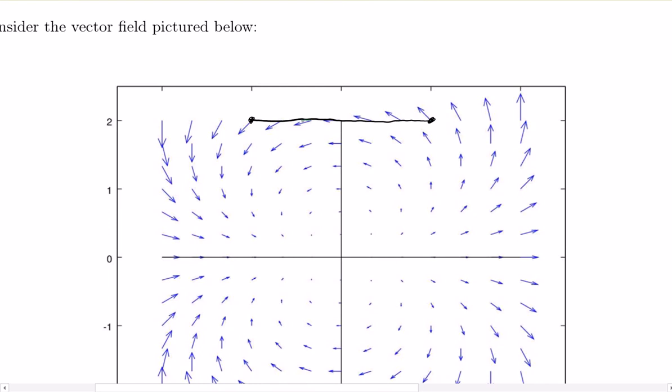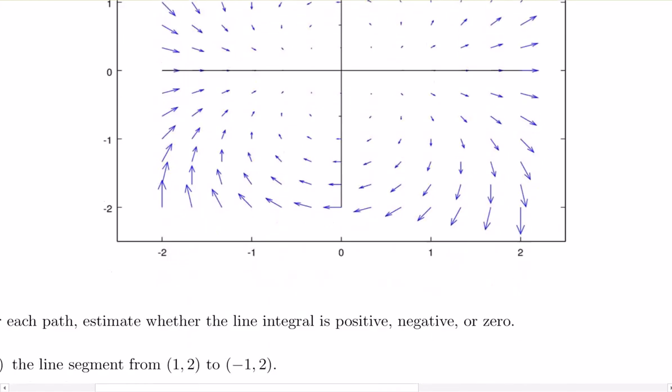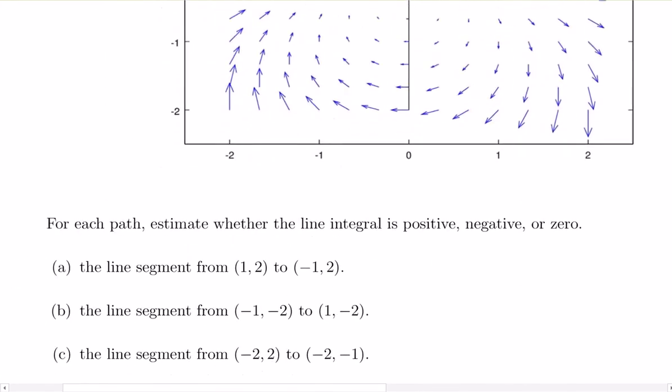Even over here, when the arrows are pointing down, the angle is still acute. It's less than 90 degrees, and so the dot product will be positive. So in fact, the dot product of the velocity of the curve and the blue arrows will be positive along the entire path. And so here, the line integral will be positive.